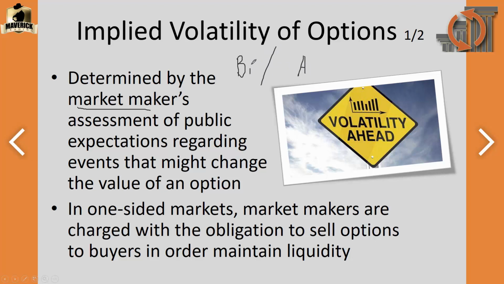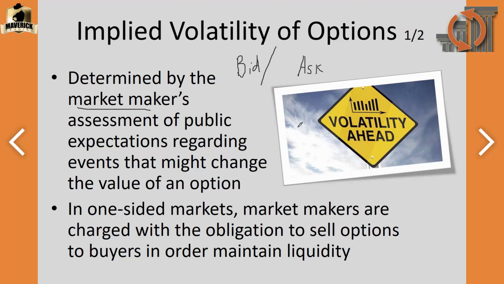Bid on one side, the offer or asking price on the other, and he can set both of those. Hopefully, we're trading liquid enough assets that other people are trading, and most of our trades are not going to the market maker. If we're trading a really active name, there are all sorts of people bidding and selling these options, and we're trading with them. But the market maker is going to set a bid-ask price.